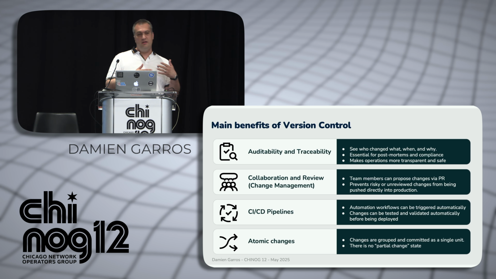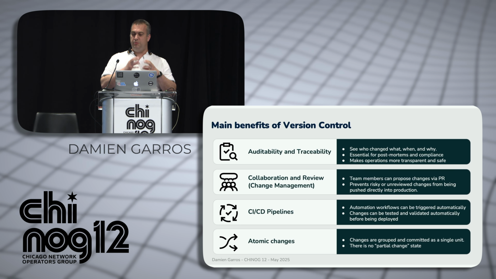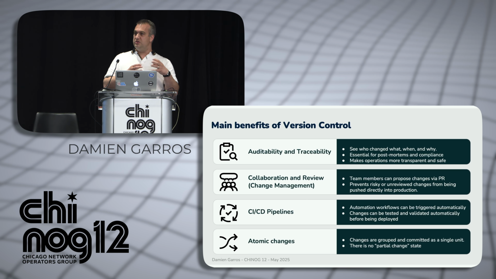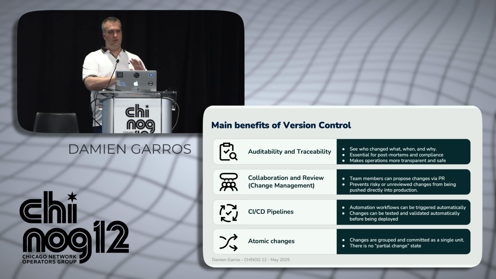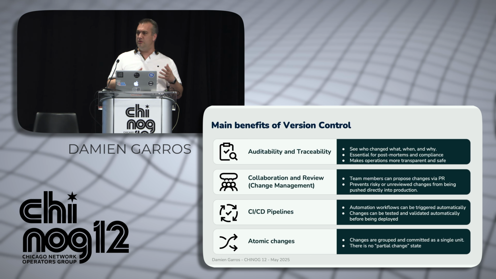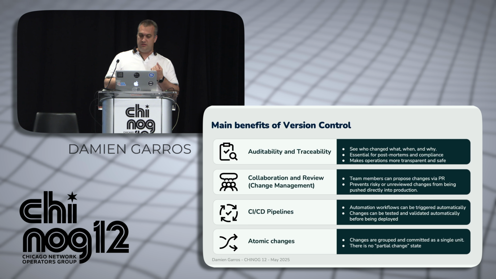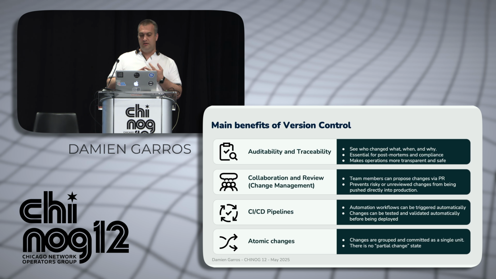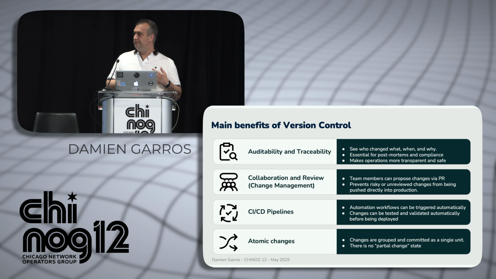Time and time again, I've seen organizations where there's a big disconnect, where people say, oh, Git is just for the code. It's not something that I can use. But at the end of the day, to me, it's really about traceability, audit, review, and all of that.